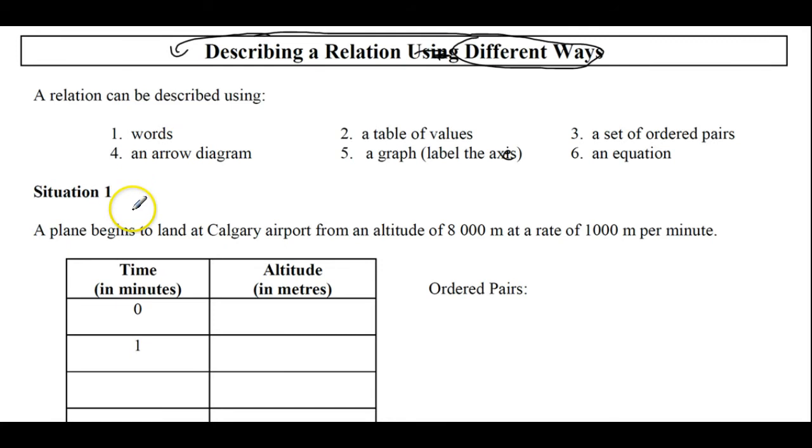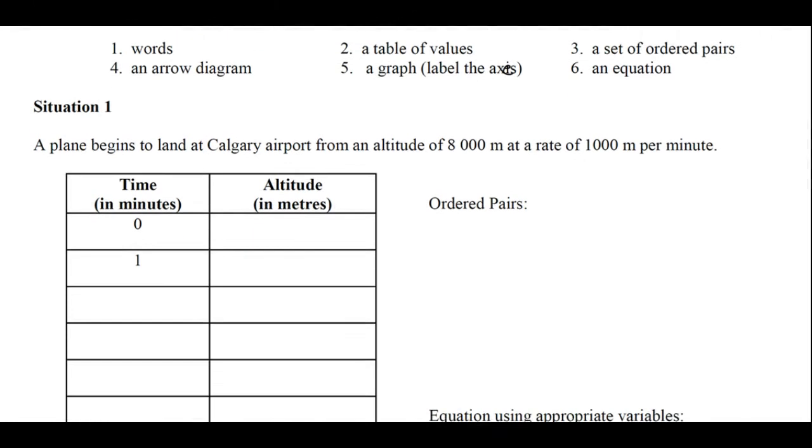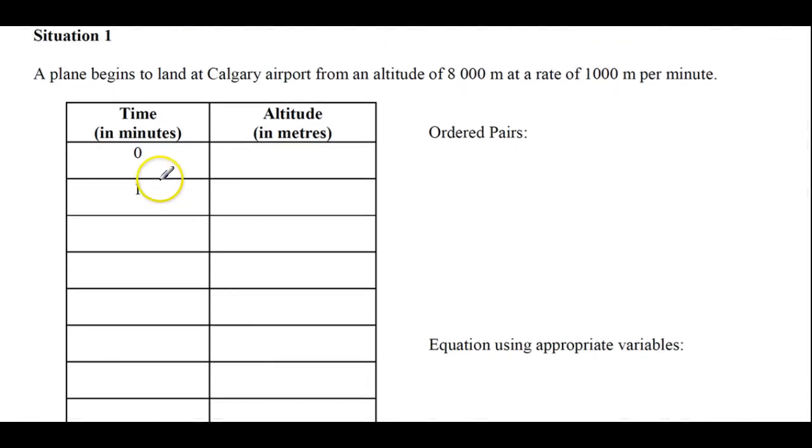Okay, situation 1. A plane begins to land at Calgary Airport from an altitude of 8,000 meters at a rate of 1,000 meters per minute. So at a time of 0, we are at 8,000. 1 minute later, we will be 1,000 meters lower.